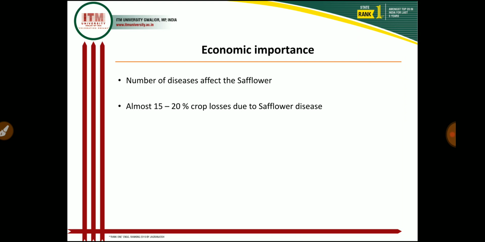If the farmer controls the diseases in the field, they get more yield, and by getting more yield they get more income from the cultivation of safflower. When they get more income, they raise the standard of living of the family as well as their own.